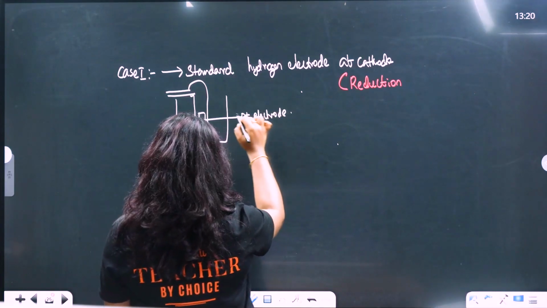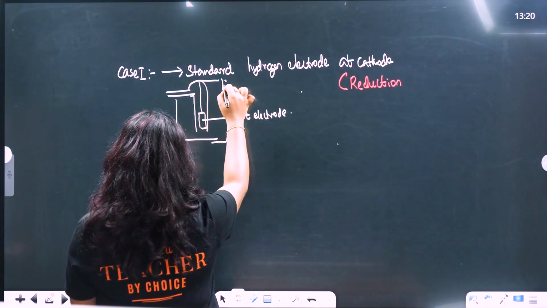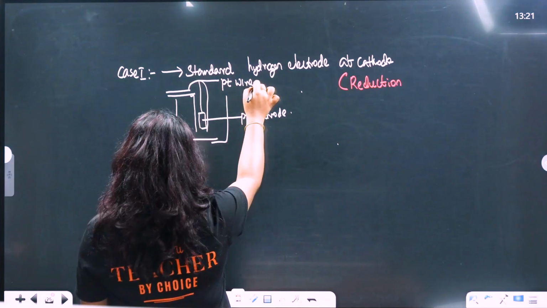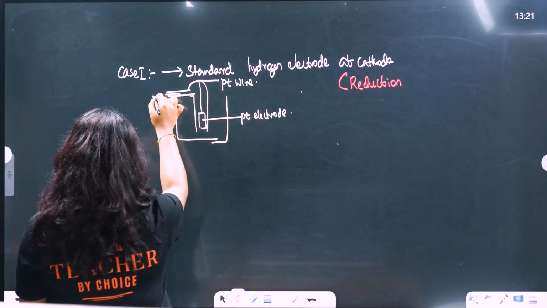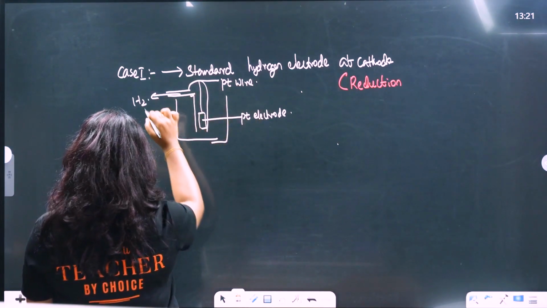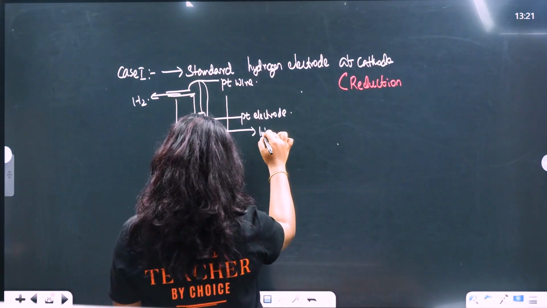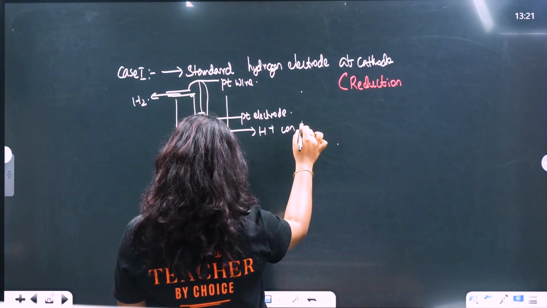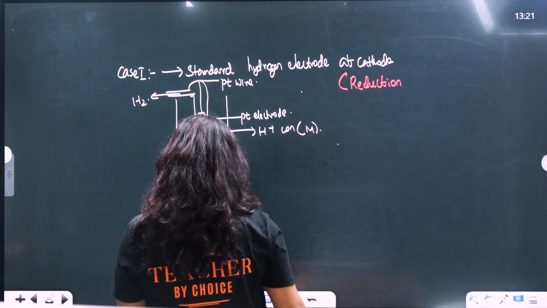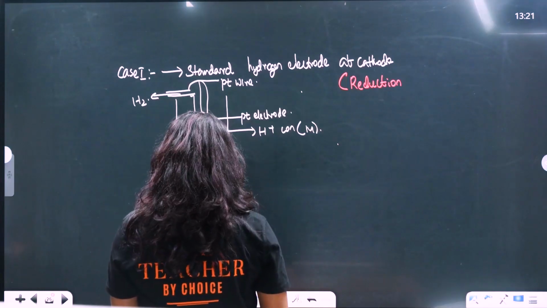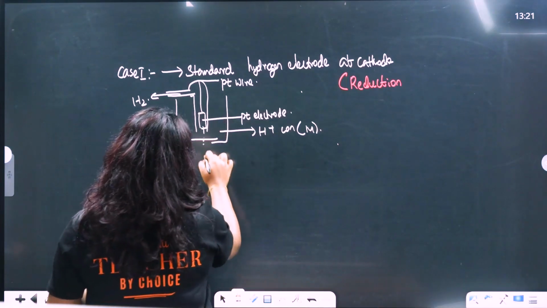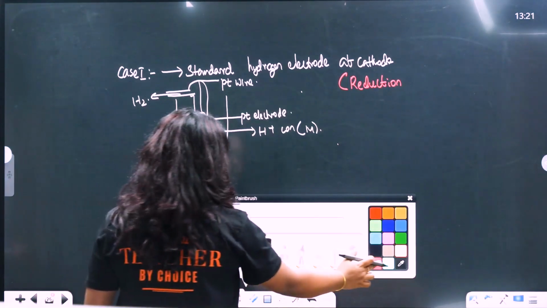There is a wire, that is a platinum wire, and you get the hydrogen here, and you have the H plus, which is in the concentrated one, 1 molar.